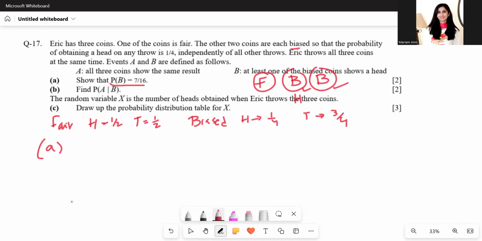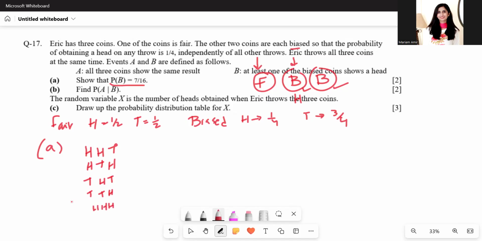So we have so many cases. For example, the first one, the fair coin could be head or tail. It doesn't make any difference. Let's say it's head. Then let's say the first biased coin has to be a head. The other one can be a tail. Or it could be a head for the first fair die and then a tail for the first biased die and a head for the second biased die, or tail, head, tail, or tail, tail, head, or even we could have all three heads.